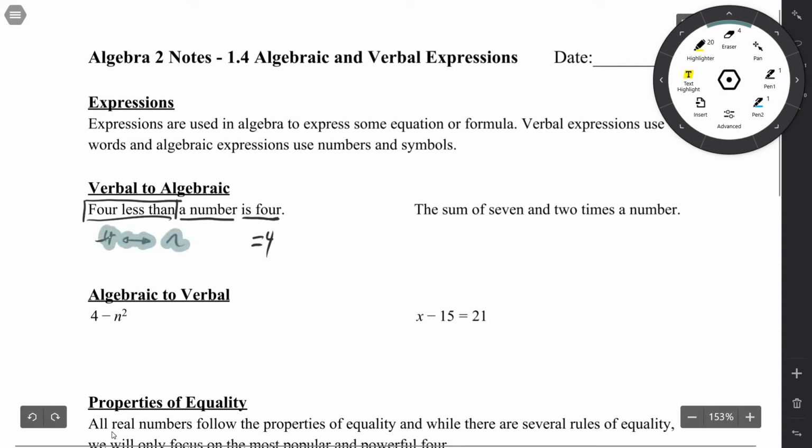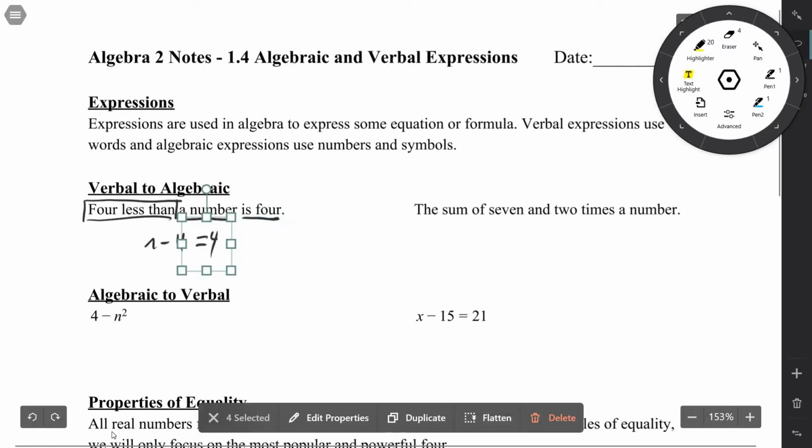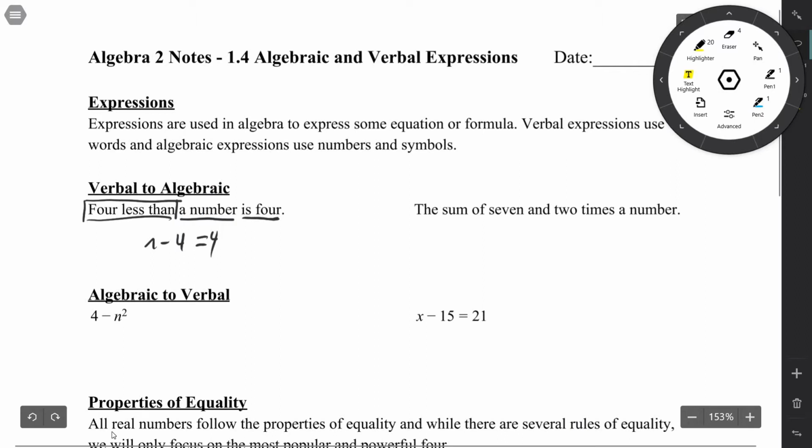So really, this is just 4 less than a number: n minus 4 equals 4. Once we have all of the pieces, it's just lining them up like that. You can solve this. It's not a necessary step, but we would get n equals 8. So this is just telling us that a number is 8. The variable here, in this case, is n.